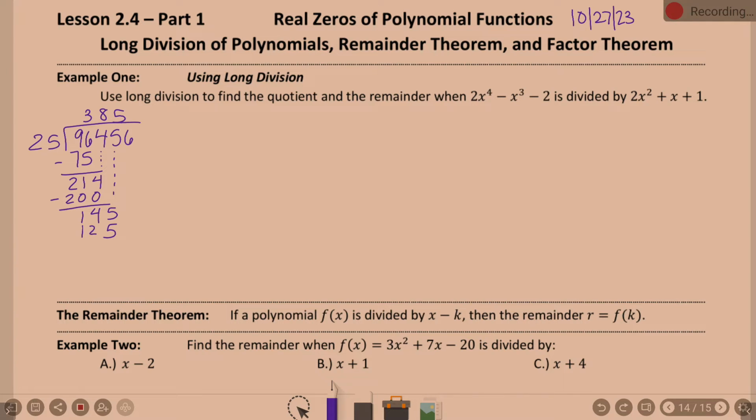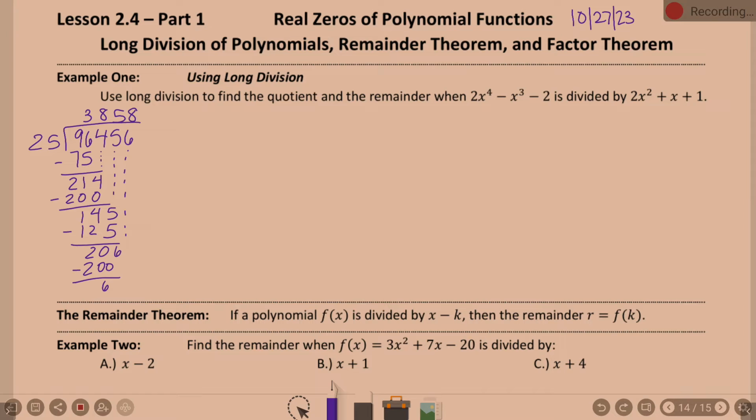Plus the carried 2 is 12. 145 minus 125 is 20. And bring down the 6. 25s in 206? 8, because 8 25s we already did is 200. 206 minus 200 is 6.